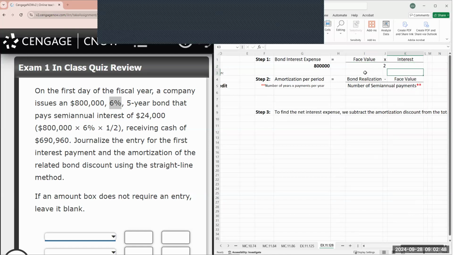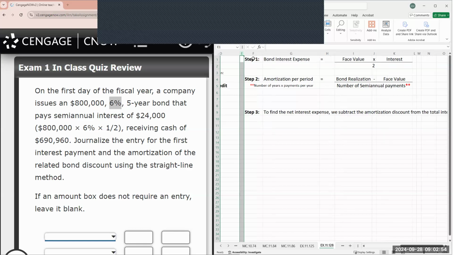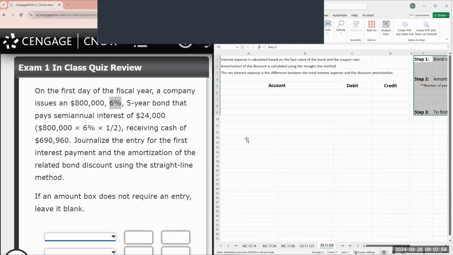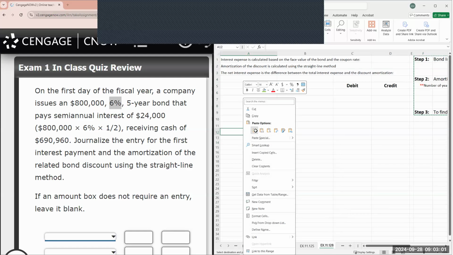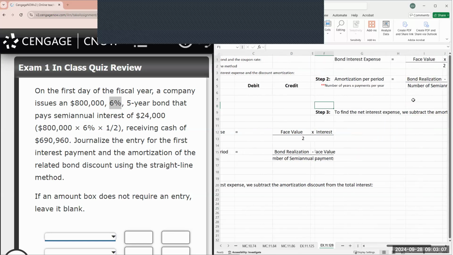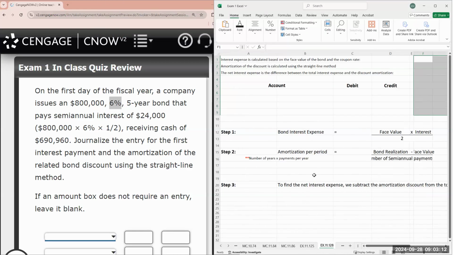So divided by 2. And actually I'll put this below to make it easier. All right, perfect. So this should make it a little easier for us.